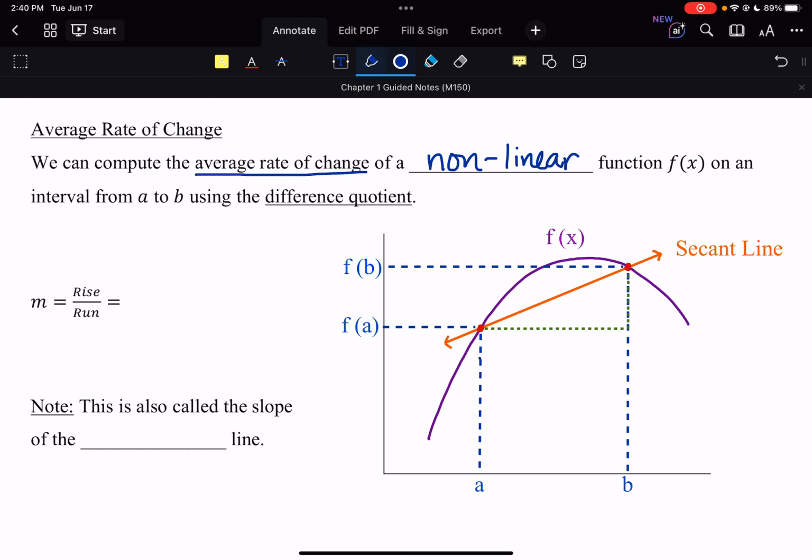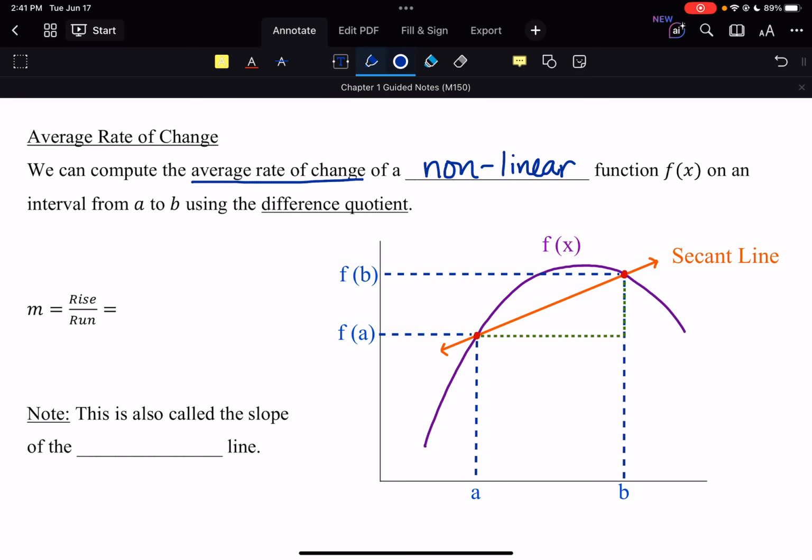But we have a goes with f of a, b goes with f of b, and I've drawn a line between these 2 points, and we're going to try to find the average rate of change between them by simply finding the slope of this line.